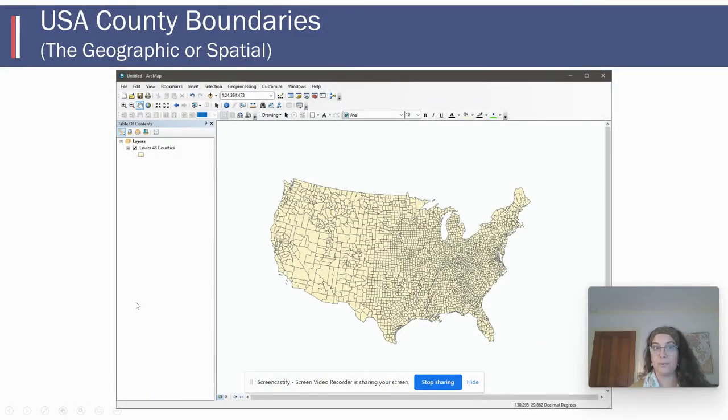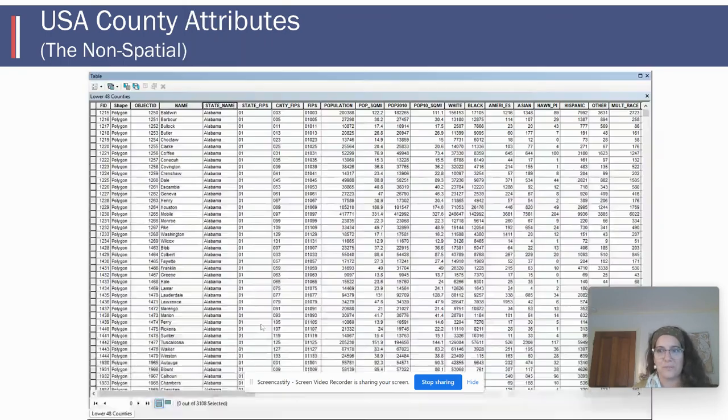Here are some examples. Here are county boundaries in the United States. The information you're looking at here is spatial, right? We're looking at a certain space, although it's really ginormous. Now, here are the attributes or qualities or characteristics or data or information about each of those counties: population, the size of it, the population in 2010, and then other demographic information.